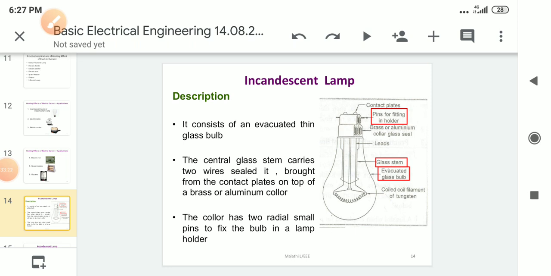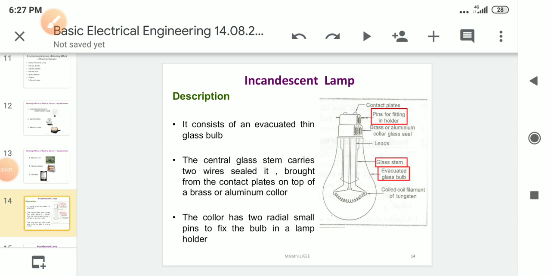Mostly tungsten is used for this filament. Why? Because it has a high melting point, that is 3400 degrees centigrade. This filament is made of a long length of thin metallic wire to give very high resistance. The filament is wound as a single coil or coiled coil in order to fit it all in a small space within the bulb.